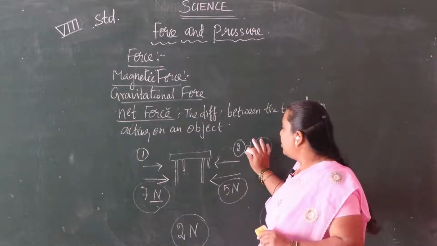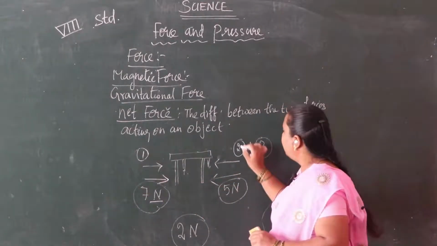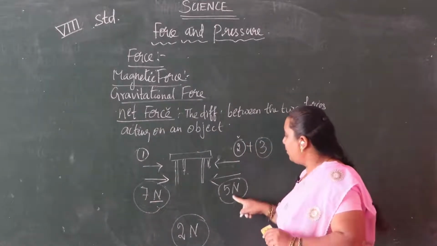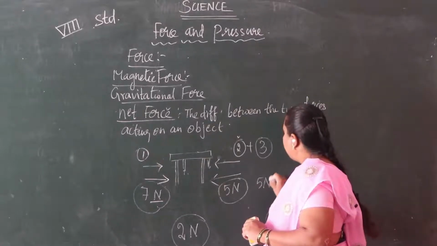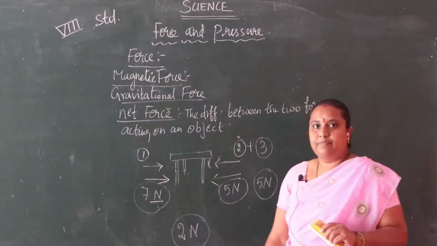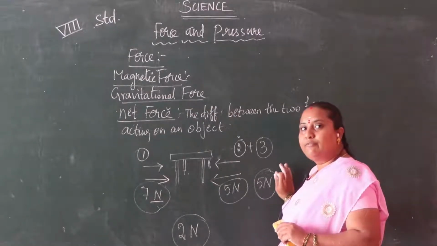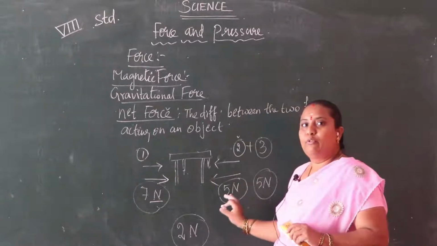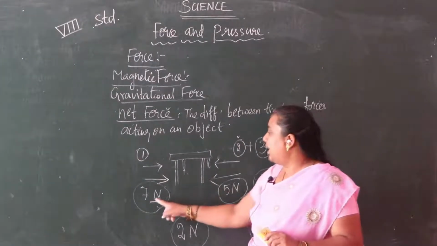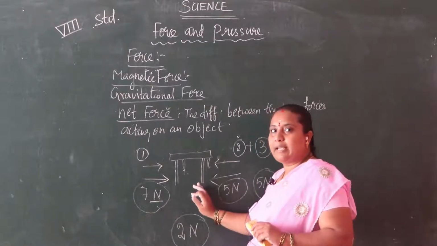These two children are giving force from this side. The second child gives 5 newtons and the third child also gives 5 newtons. Now you should compare these two forces. Understood?